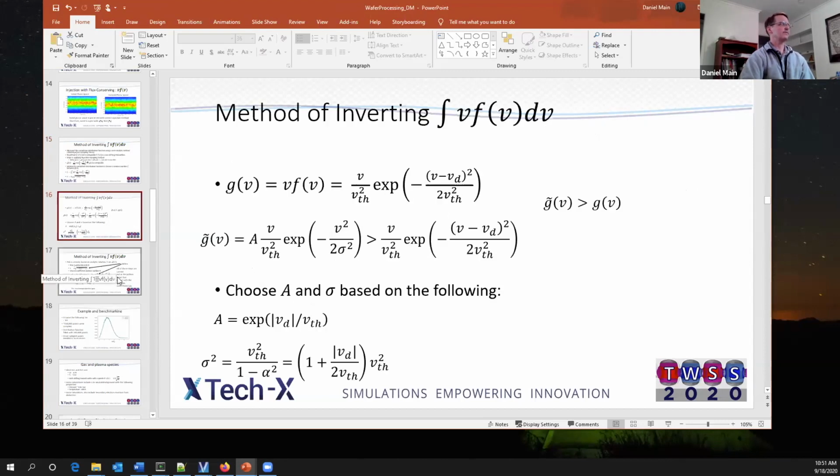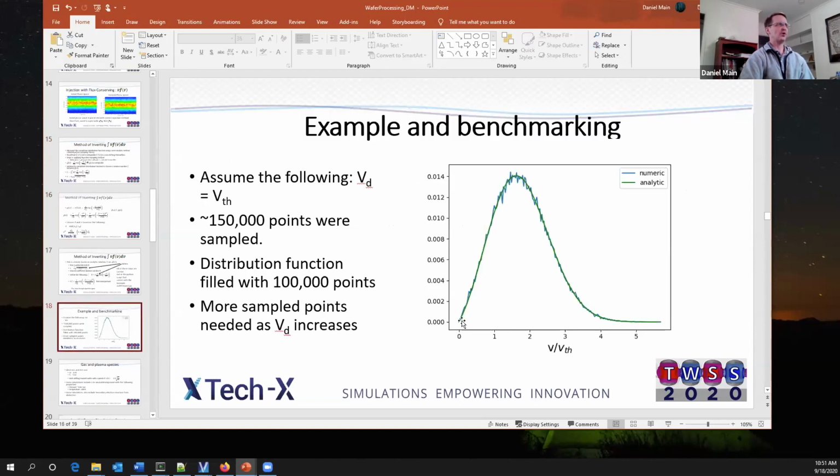I'm going to skip a few of these slides and just show you the result. The orange curve is an analytic distribution function, analytic V times F of V, where F of V is a Maxwellian. I set V drift equal to V thermal in this example, and then I use rejection sampling to determine the particles that fit within this distribution function, and the numerical result is this blue curve.